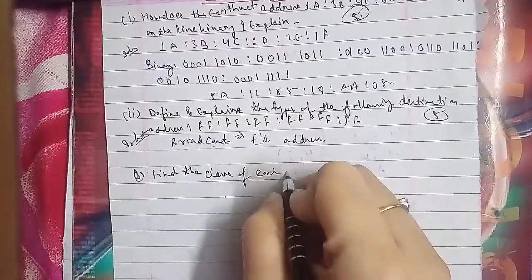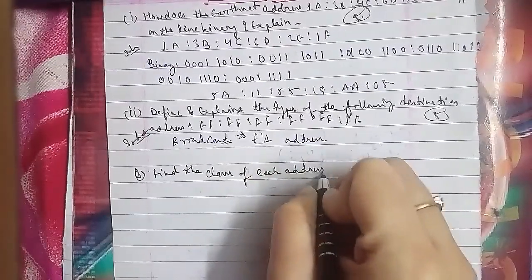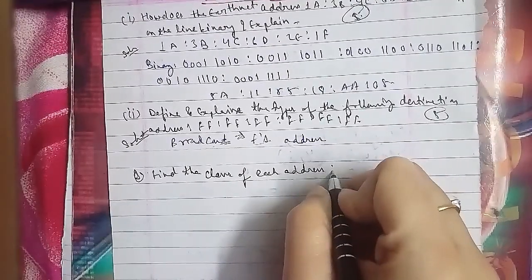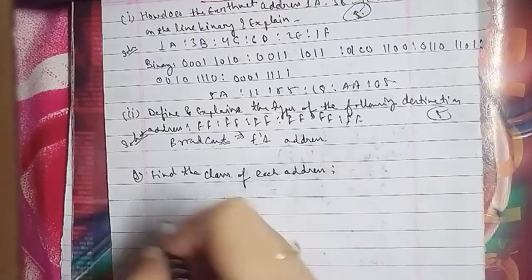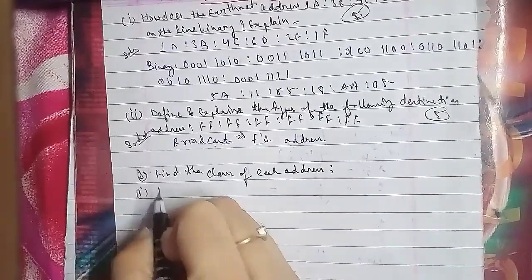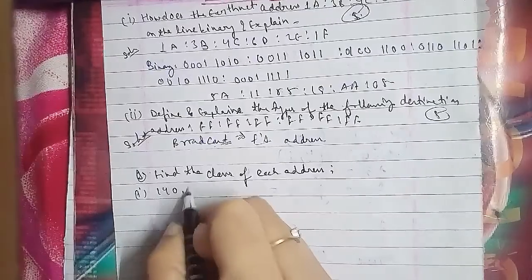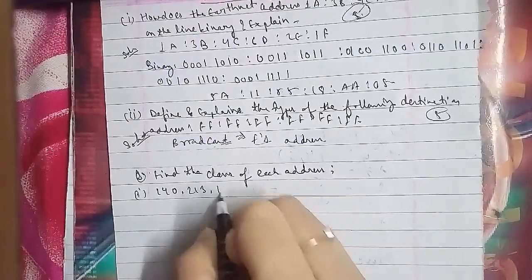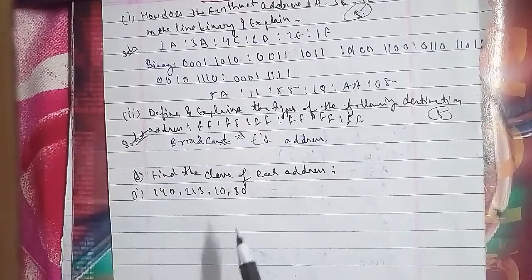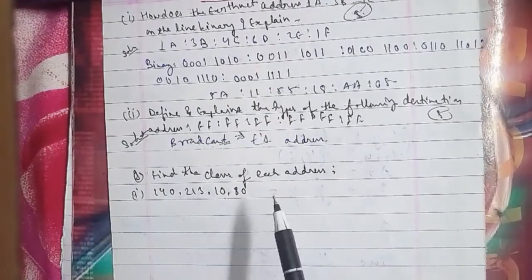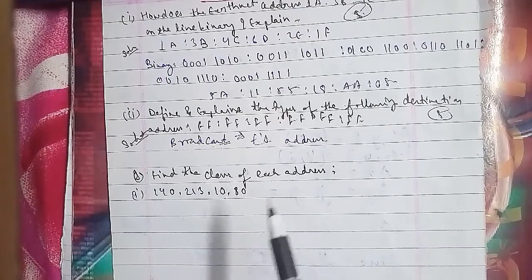The first 4 bits of the address determine the class to which the address belongs and specify how the remainder of the address is divided into the prefix and suffix. For 140.213.10.80, the given IP address is a class B address.